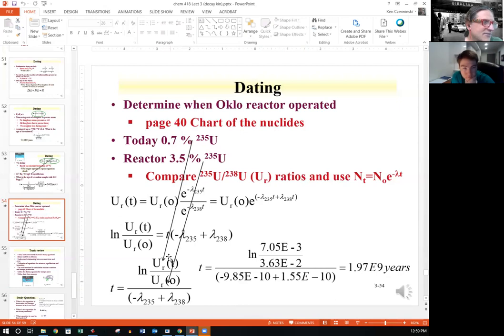These are the decay constants. These are the ratios at today. This is the ratio at time 0. And I'm going for 3.5%. And the nice thing, 2 billion years is about the right time. It's consistent with what the other dating methods have been performed with on the Oklo reactor.